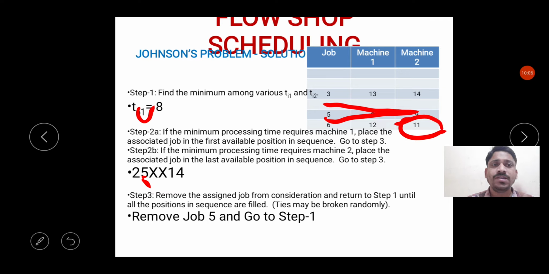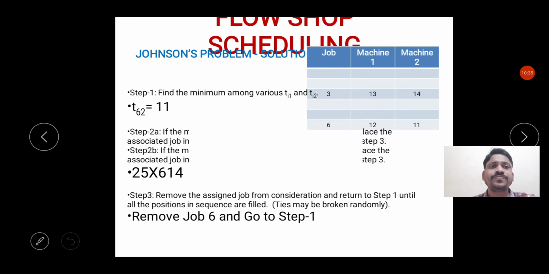11 is on machine 1 or machine 2? As you can see, it is on machine 2. So machine 2 means we have to place it from the last available space. So we will place it in the fourth place, because fifth and sixth are already filled. So sixth is filled and fifth is also filled. So from the last, the fourth space is available. So job 6 we will place at the fourth place.